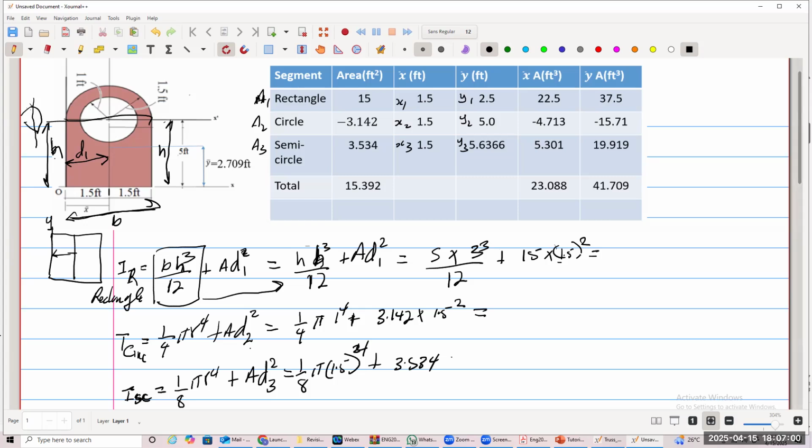In this case, luckily, it's the same value. So your D square is the same 1.5. All right? Now remember, the only thing is that this value is minus up here. So remember that. For the circle, it's a minus inertia value. So I put that in red.